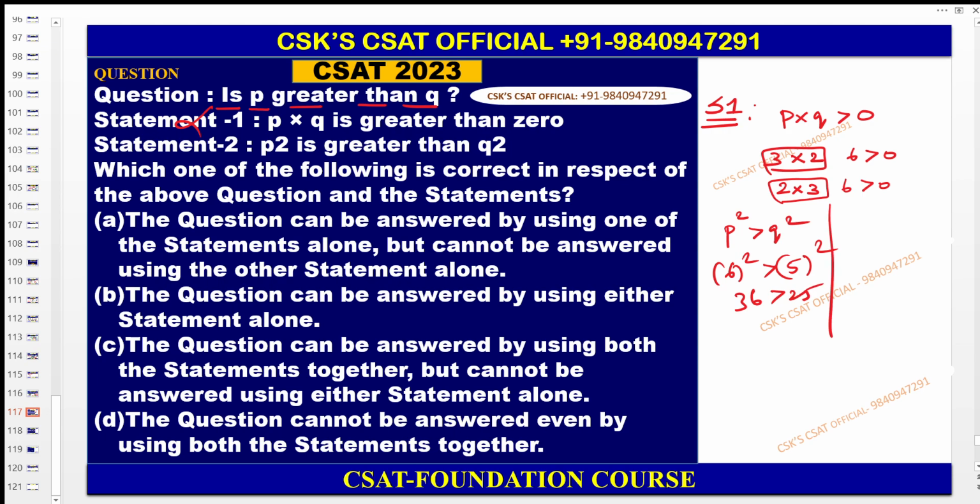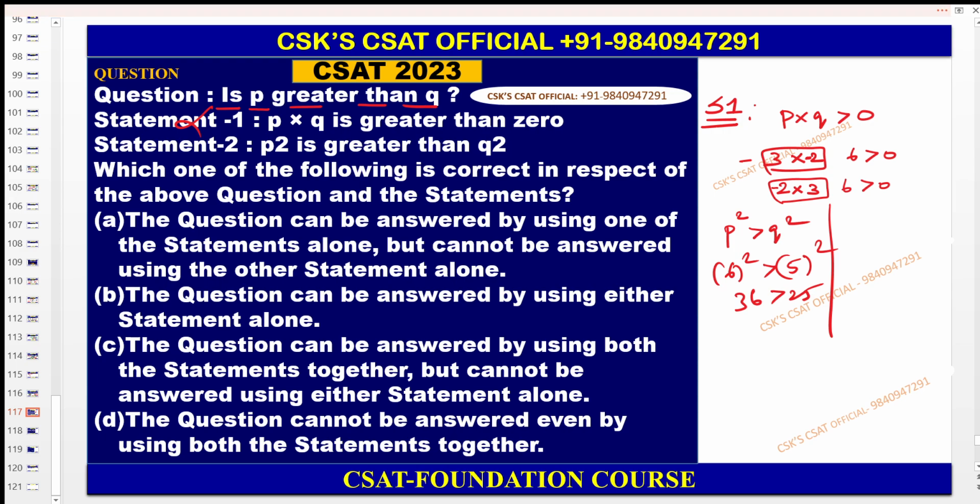Now listen very carefully. Here nothing has been mentioned about the P and the Q. In the first statement also you can take -3 and -2 also, right? Nowhere is it mentioned that it is a natural number or an integer. No constraint. So you can take negatives also here.